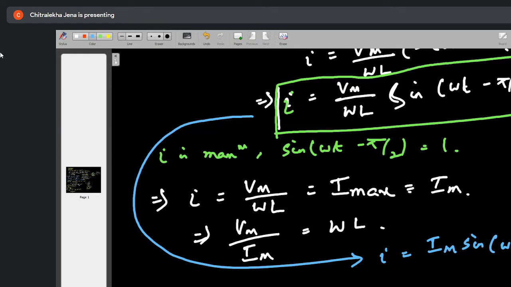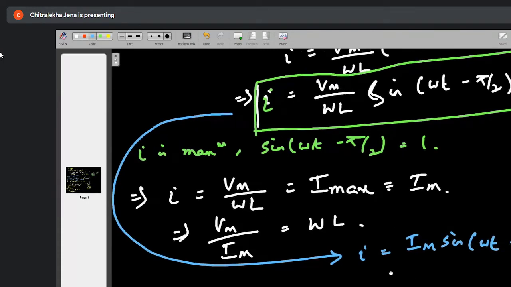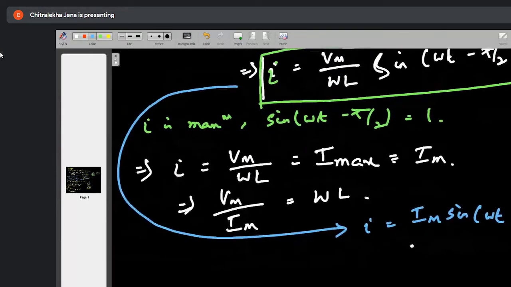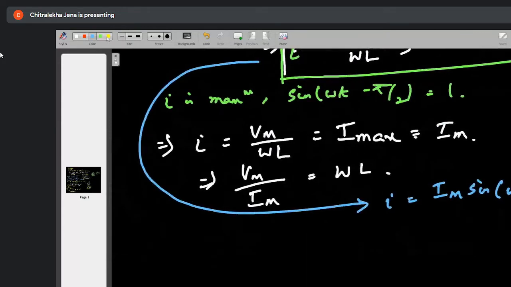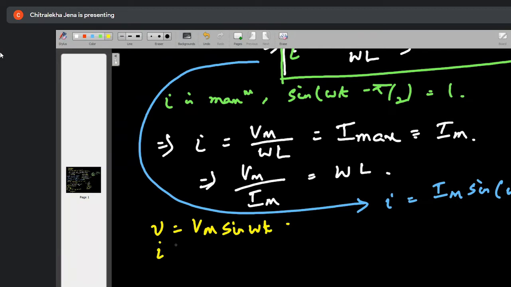Now what was your voltage equation? V was equal to Vm sine omega t. Instantaneous voltage was Vm sine omega t. Instantaneous current was Im sine omega t minus pi by 2. Very good.